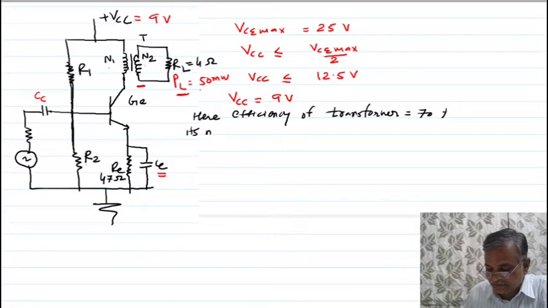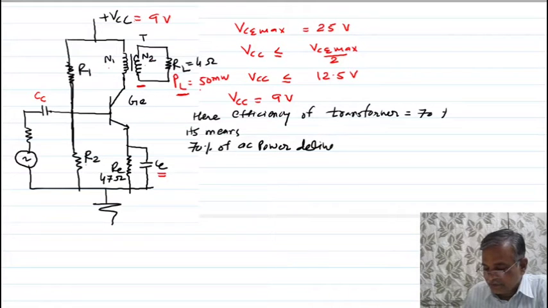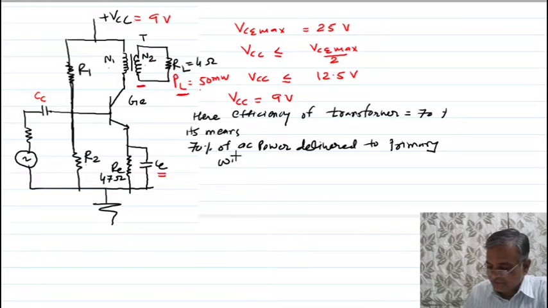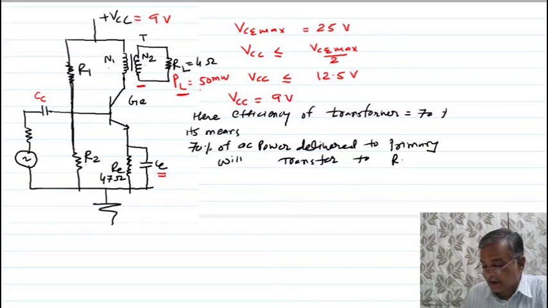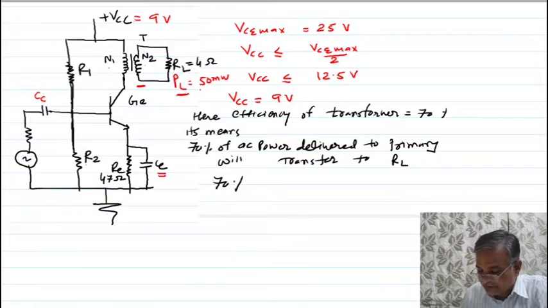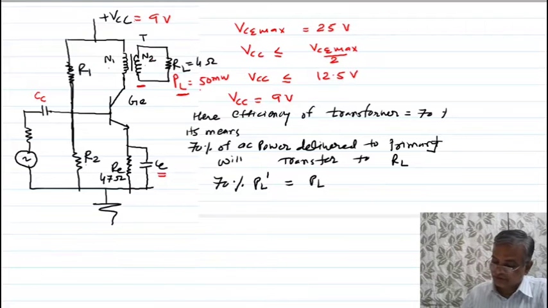It means 70% of the AC power delivered to the primary will transfer to the secondary, that is RL. So 70% of PL dash should be equal to PL. So I am writing this is PL dash.